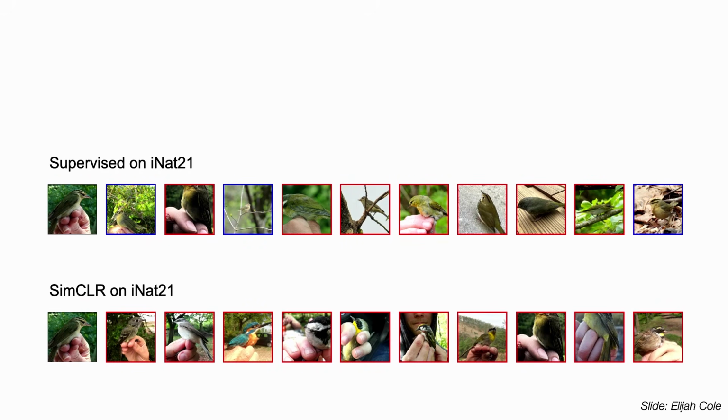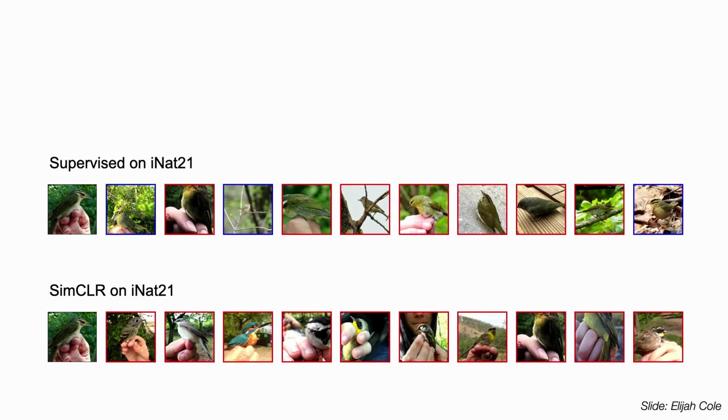What I'm trying to show is that we've taken an image and augmented it in some way, and then forced those things to be close together. It looks like the types of augmentations we're doing give us more information about contextual similarity, in this case birds being held in human hands, than information about species similarity, which is what we're hoping this model will be good at and what we're evaluating it on.